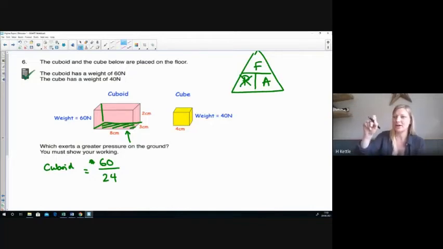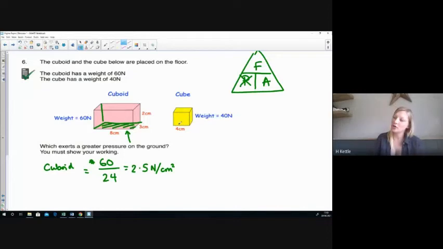I'm allowed to use a calculator for this question because I've just found it online, but your numbers will probably be nicer, and so you probably won't need one. So 60 divided by 24 is 2.5, and that would be newtons per centimetre squared. So for every centimetre squared, it's putting 2.5 newtons of pressure.